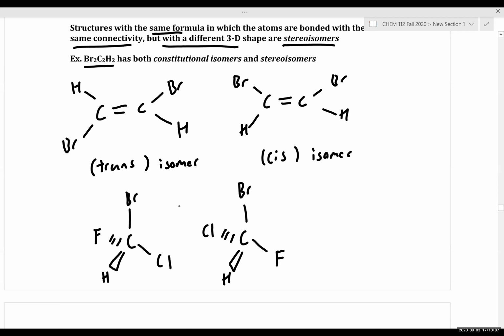Now, when we look at these two structures, we have the same connectivity, but these two molecules have different shapes. So you can also end up with stereoisomers, not just for alkenes or not just for double bonding arrangements, but also for tetrahedral centers. We'll talk more about this in chapter 5.